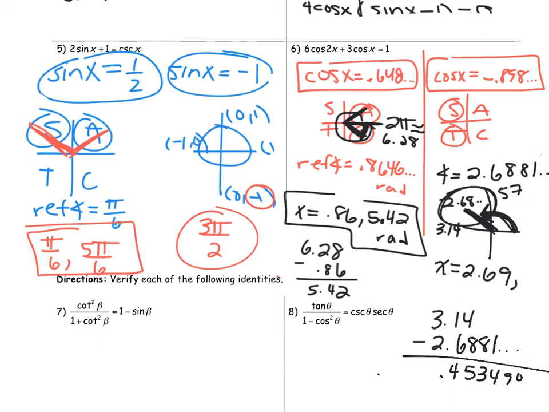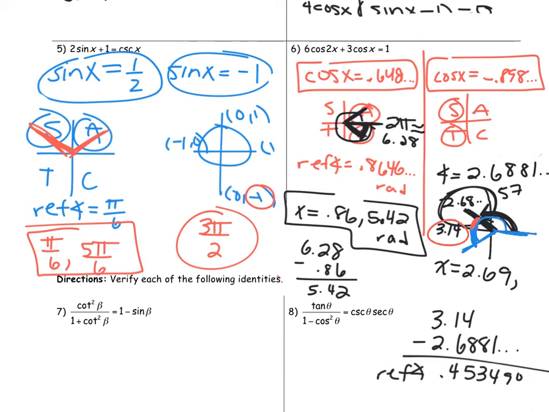So that's my reference angle. If that's my reference angle, that means from here to here is that 0.45349. So I'm going to add that to my 3.14159 value for pi, to get this whole angle, because we're adding on that reference angle now.